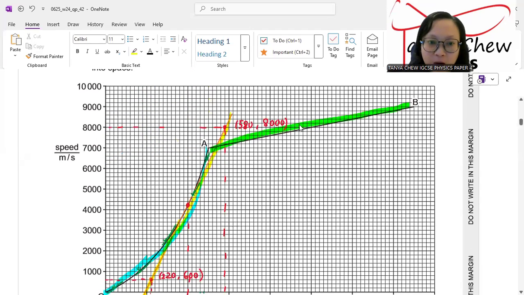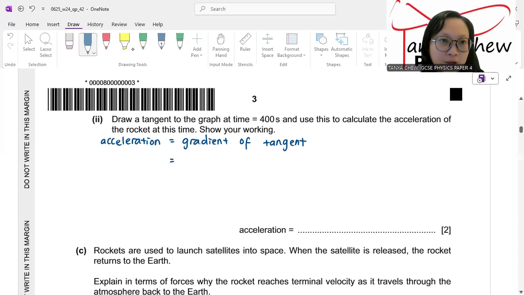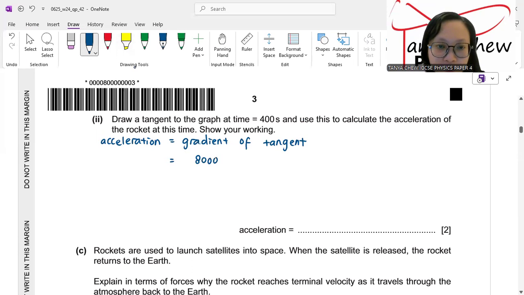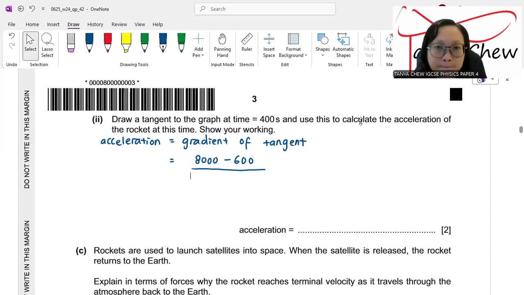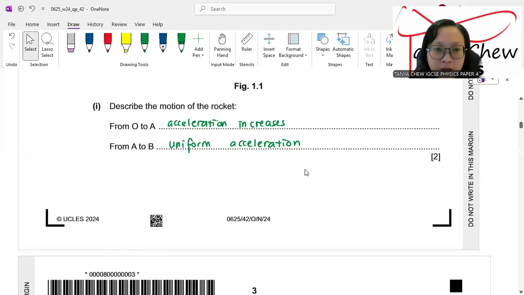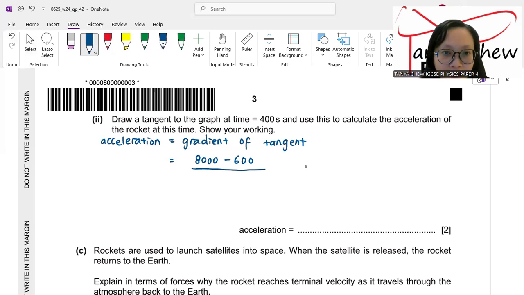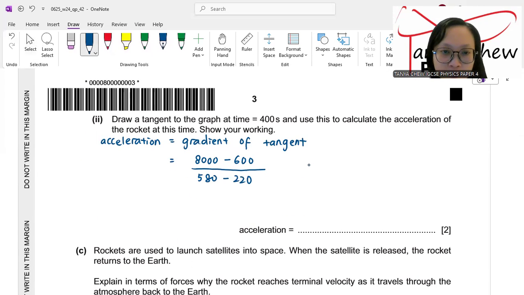So y2 is 8,000 minus 600 divided by, what is this? Divided by 580 minus 280. So 580 minus, is it 220? I'm sorry, 220. So use the calculator.